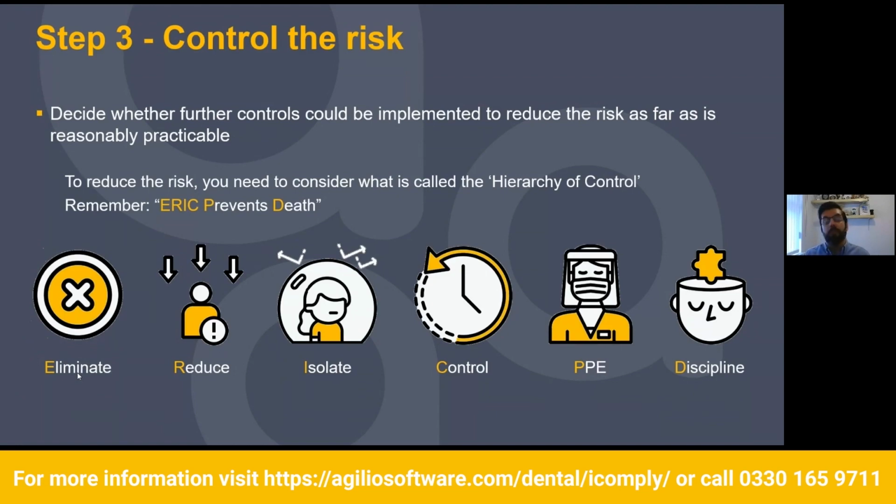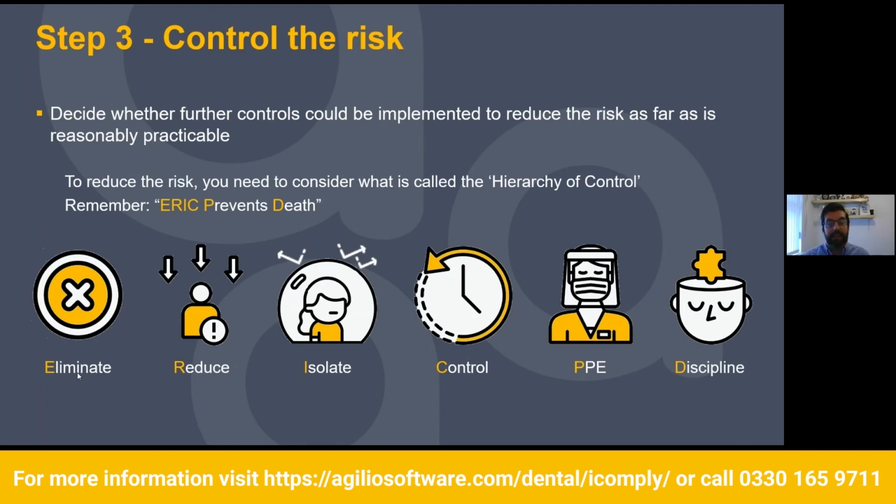If you can't do that, control. What controls can you put in place? This is about your policies and procedures and the systems that you have to manage those hazards. Then you have PPE. So is there any particular PPE you can use or need to put in place to, again, prevent people from coming into direct contact with it? So your gloves, your masks, your visors.